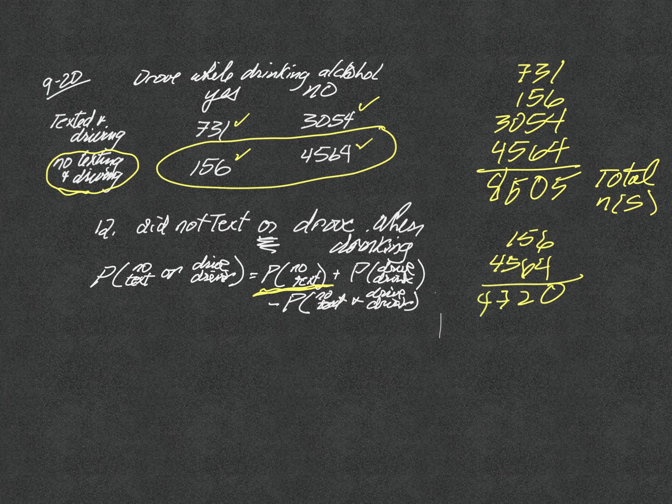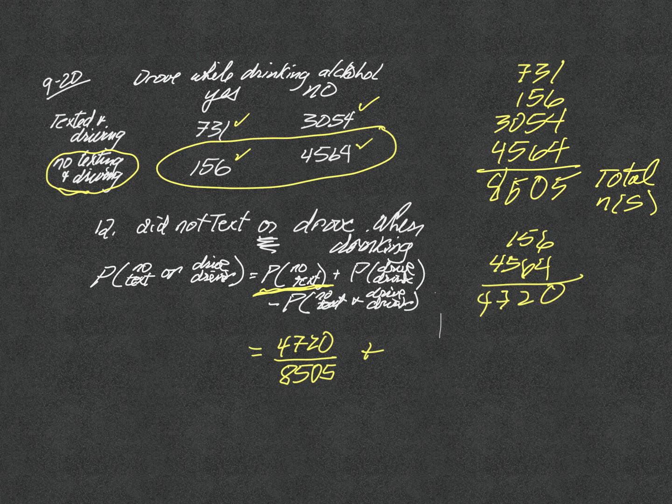I have 4,720 people who were not texting. And the probability would be over the total number in this particular survey. So there's my probability for not texting.